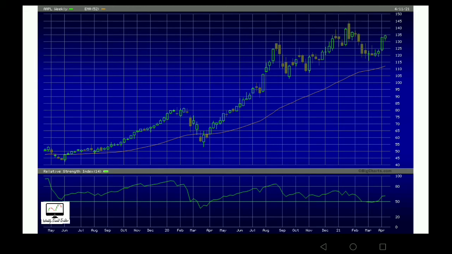What was the key to this? It came down to the 50 on the RSI. We had that rounding bottom at the 50 as we started to rise. On that first green candle was a buy, then second week, third week, fourth week, and we're still in play of this bounce on the Apple stock.